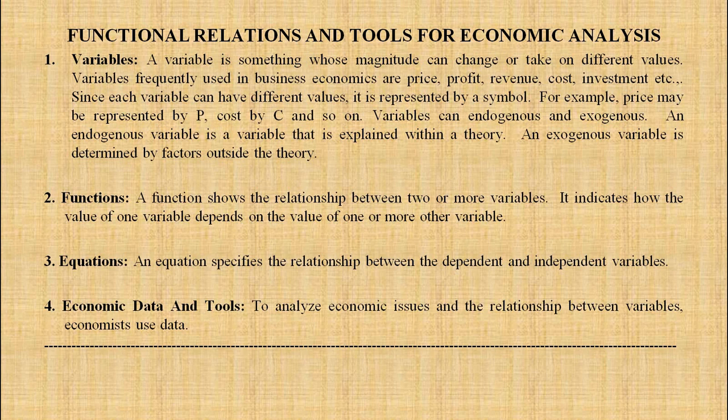For example, Q = f(P), like quantity demanded is a function of, or depends upon, the price. In this way, equations specify the functional relationship between dependent and independent variables, and each equation is a concise statement of a particular relation.